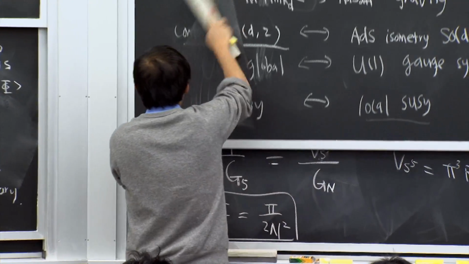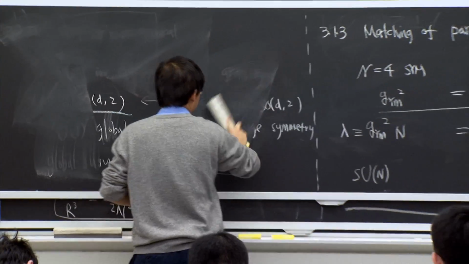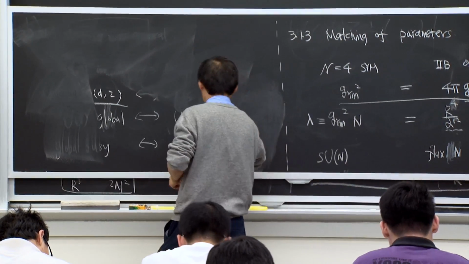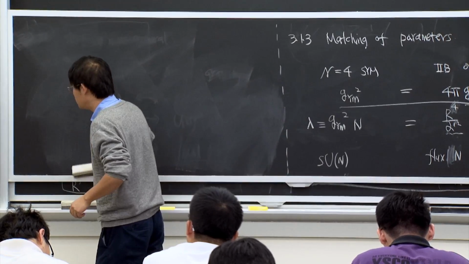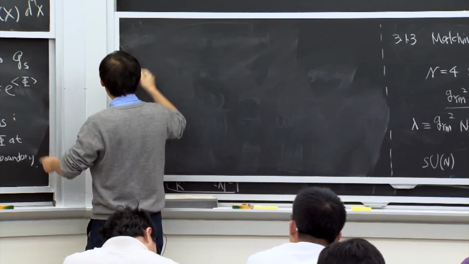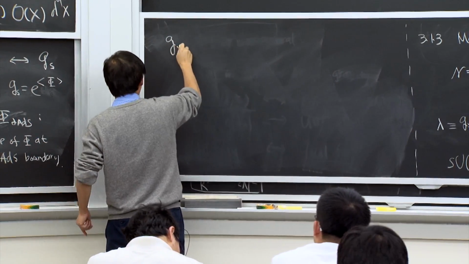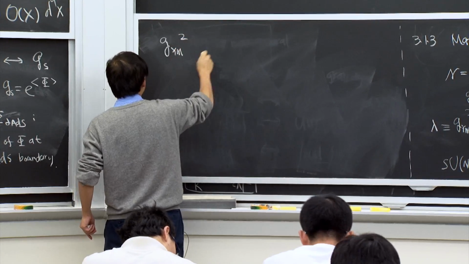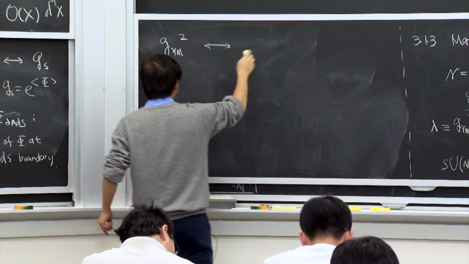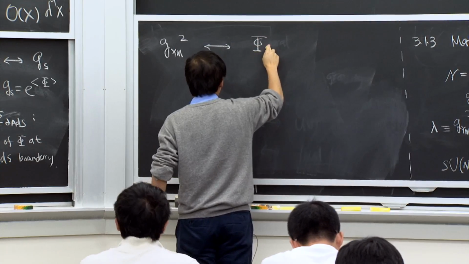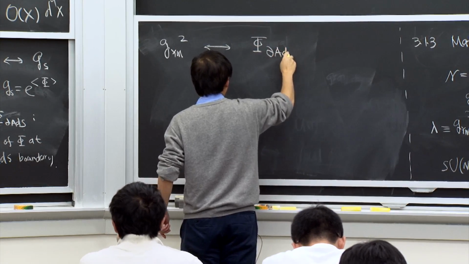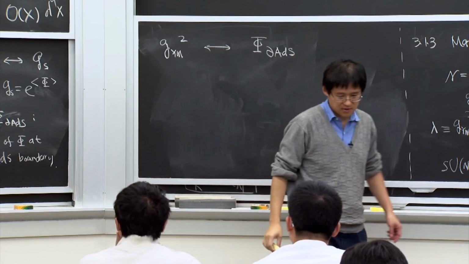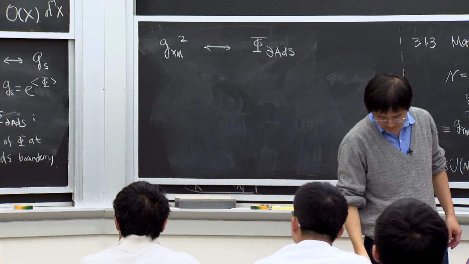Now you have to use a little bit of stretch of imagination. The following fact you don't need to. So now with this relation we have established a connection between the Yang-Mills theory coupling and the value of phi at the boundary of AdS. Okay, so the boundary value of AdS.